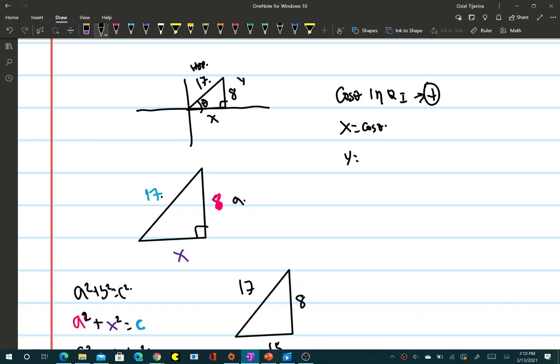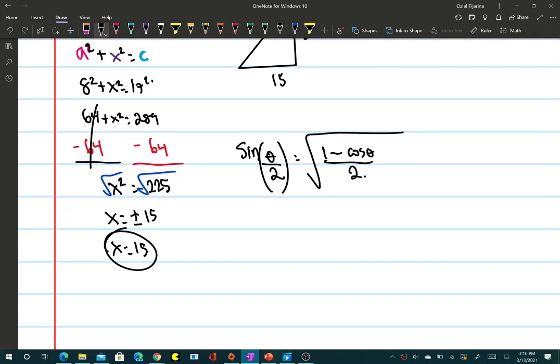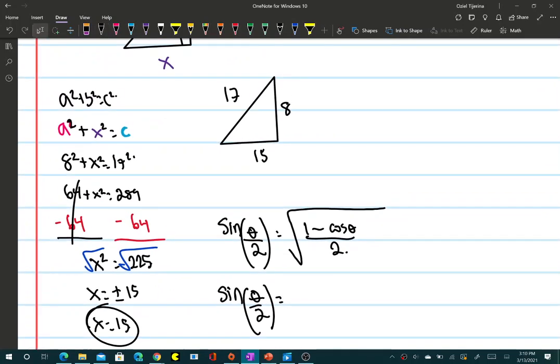Okay, and y is sine theta. Always remember that. So, we would then say that sine of theta over 2, and we would go ahead and do the cosine theta.